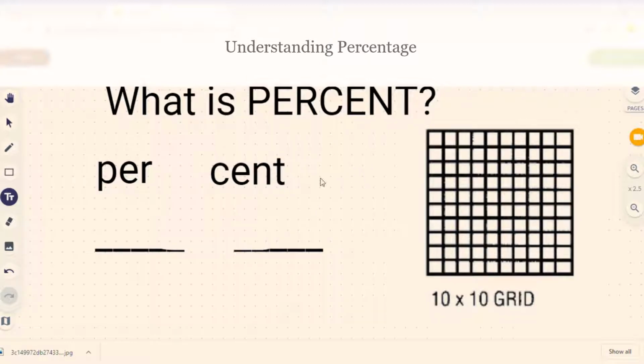How do we get that? Per means every, and cent means century or 100.